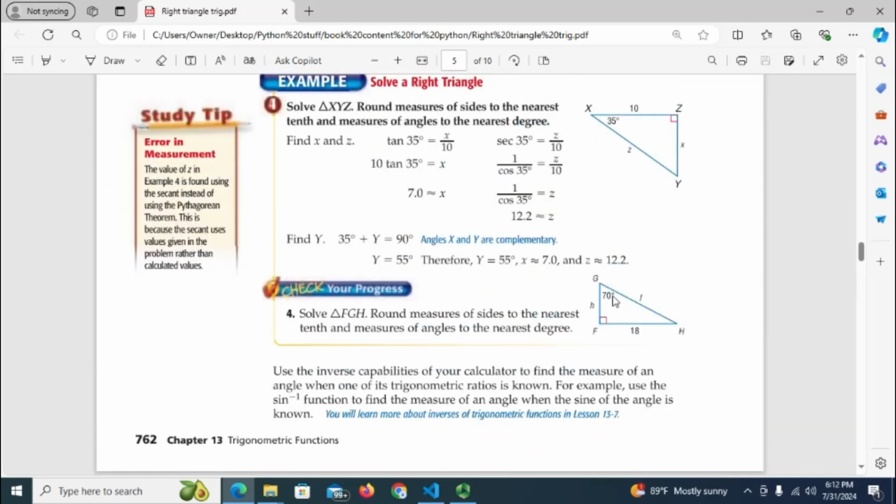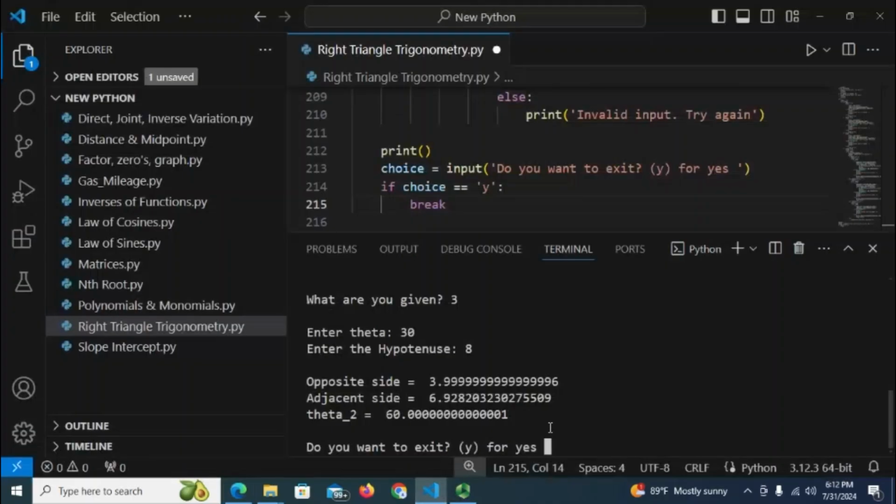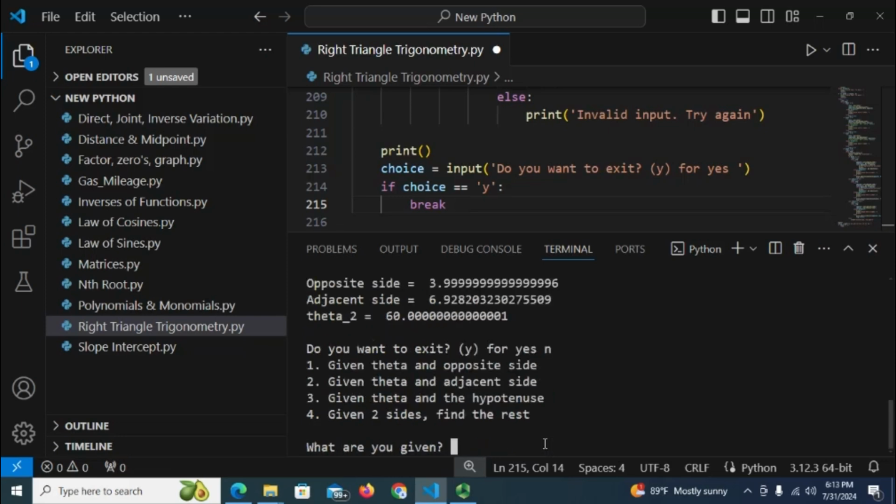All right, let's do another example from page 762. So we're going to solve this triangle in our self-check here. I believe we did this in the video that we did about right triangles mathematically, but let's see if we get those values if you want to check that. So our theta is 70 and the opposite side is 18. So we're going to run our program. We're going to say no, and then it's theta and opposite.